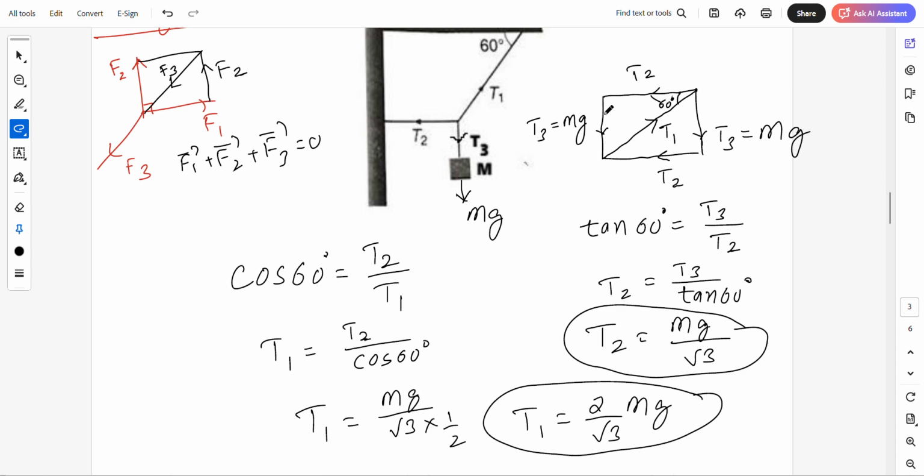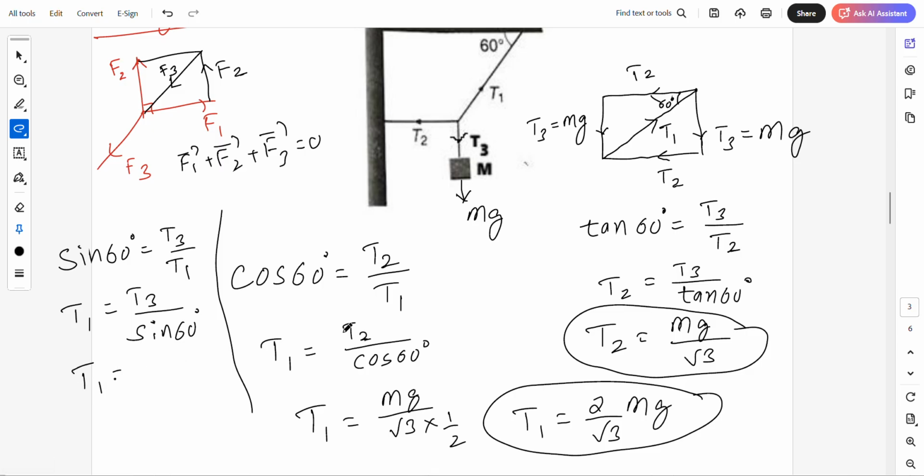Or else you can use sin of 60 degree also. Sin of 60 degree is equal to opposite by hypotenuse. Opposite is that perpendicular, T3, divided by T1. From here also we get the same answer. T1 is equal to T3 by sin of 60 degree.